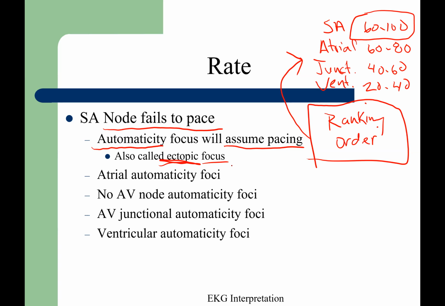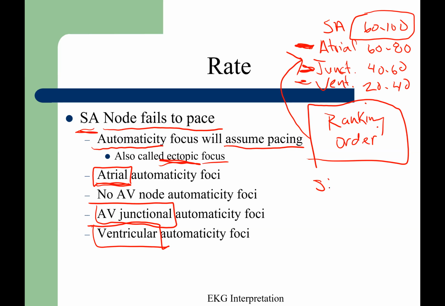Okay. So when the sinus node fails to fire, atrial cells can fire, junctional cells, and ventricular cells. They all have the opportunity to fire if the SA node does not.